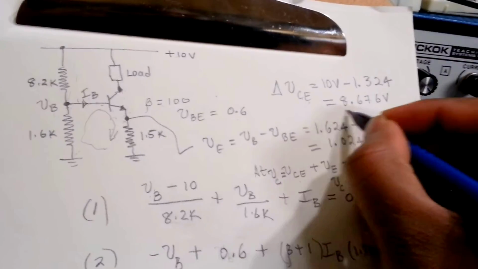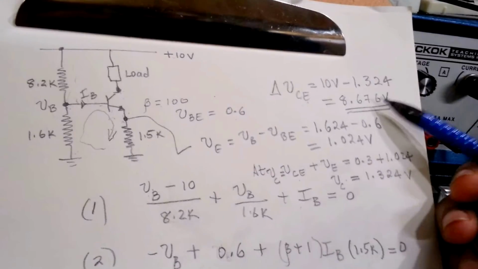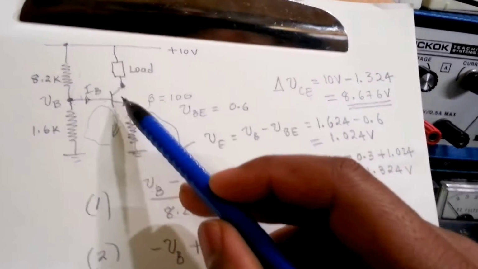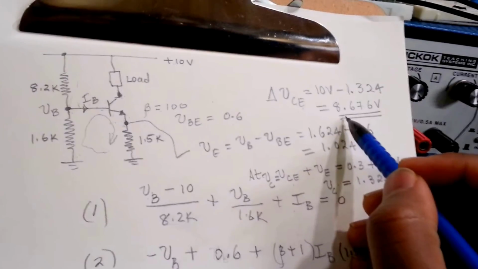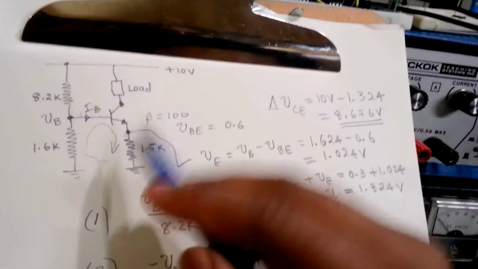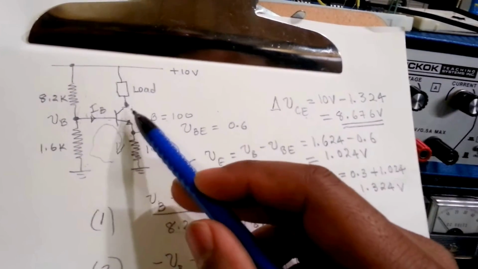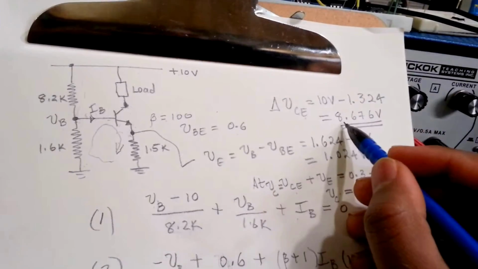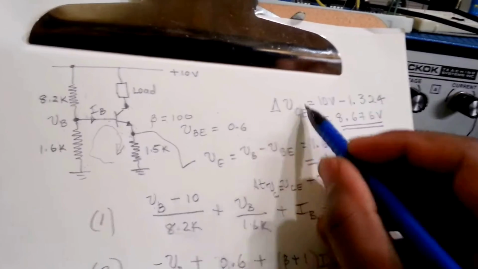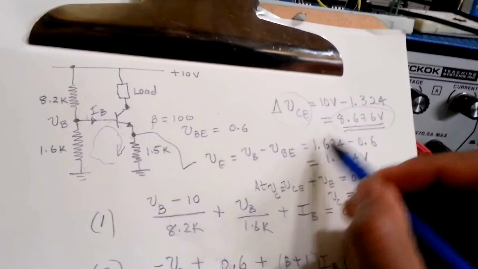So this is the compliance voltage. The transistor will maintain its constant current in the range from almost 0 volts to 8.67 volts.